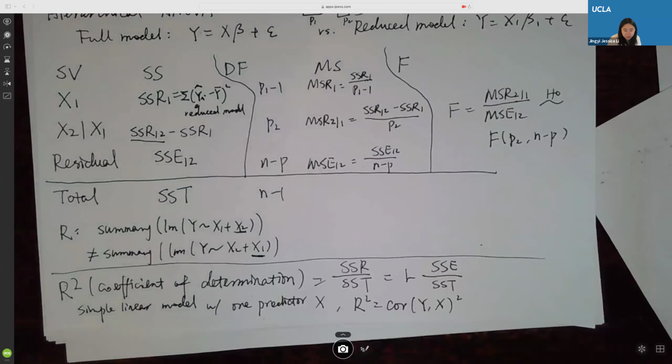If you calculate their Pearson correlation and square it, it turns out to be just equal to this R squared, which is a very nice property to know as well.